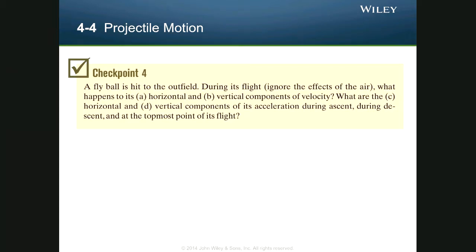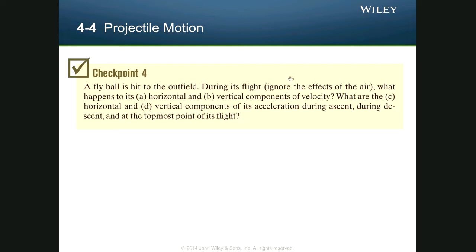So we want to look at what happens to its horizontal and vertical components of the velocity, and what are the horizontal and vertical components of its acceleration during ascent, during descent, and at the topmost point of its flight.